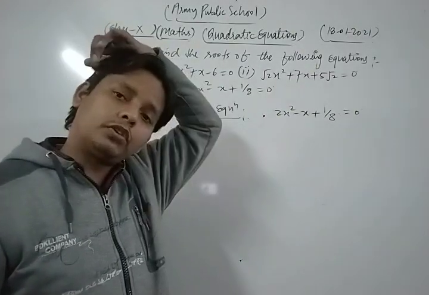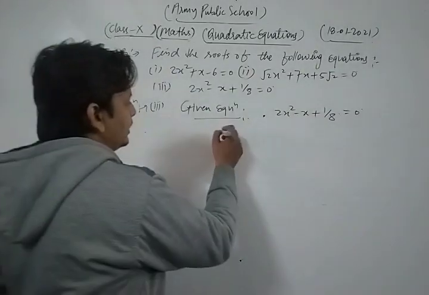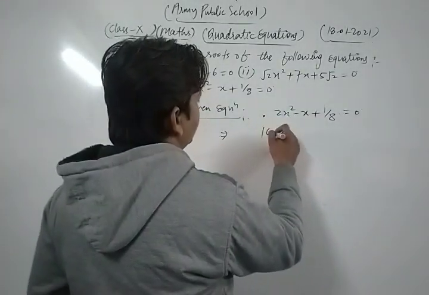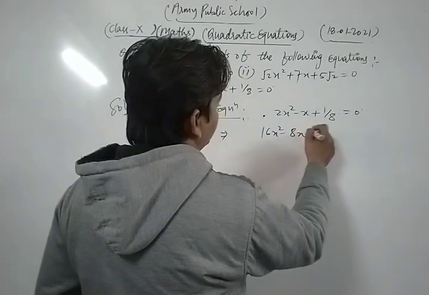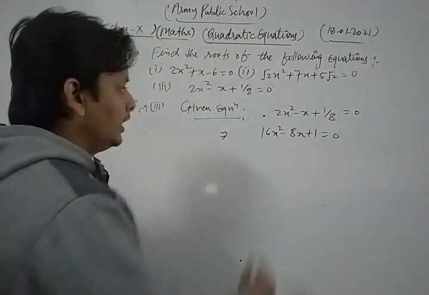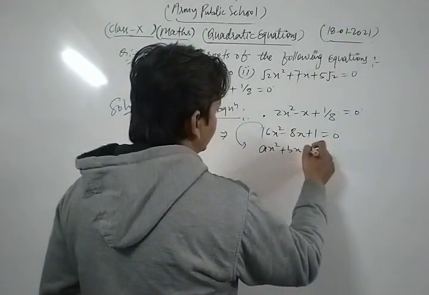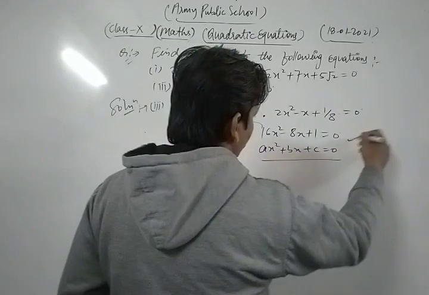First of all, we multiply both sides by 8, so we can write the given equation in this way, which is 16x square minus 8x plus 1 is equal to 0. Now that equation is of the form ax square plus bx plus c is equal to 0, so this is a quadratic equation.